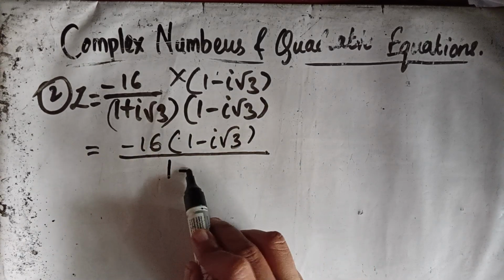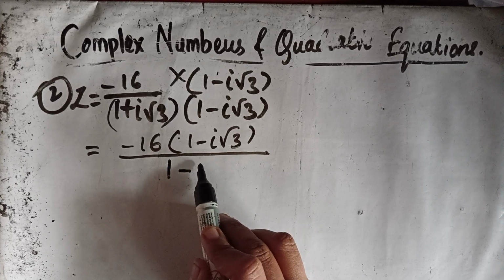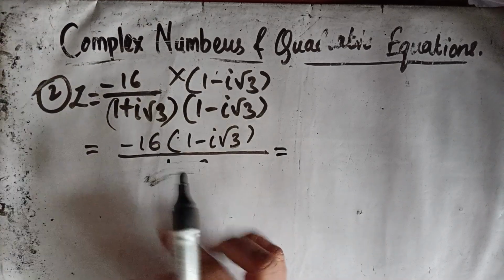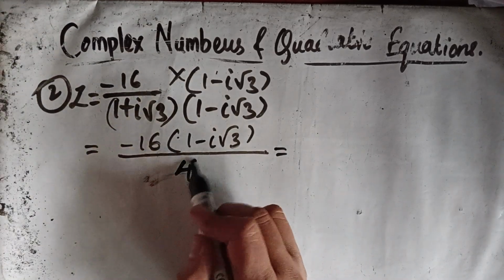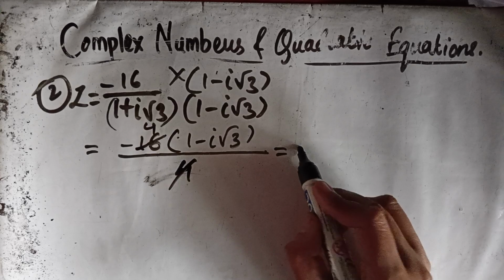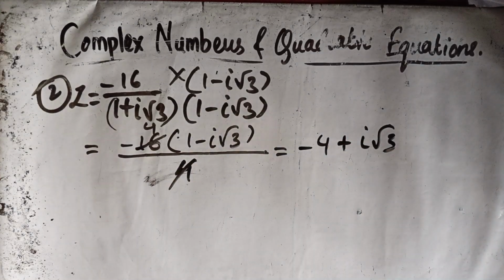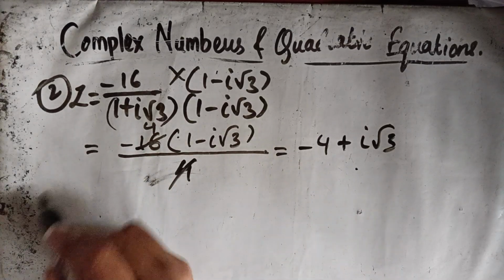One minus 3i square. So 3, 4. This becomes 4. 4, 4 is 16. So minus 4 plus I root 3. Okay. So this is your z.